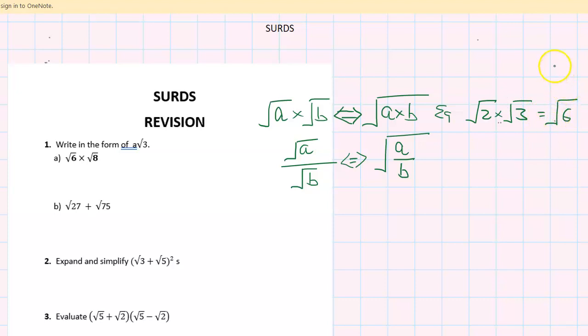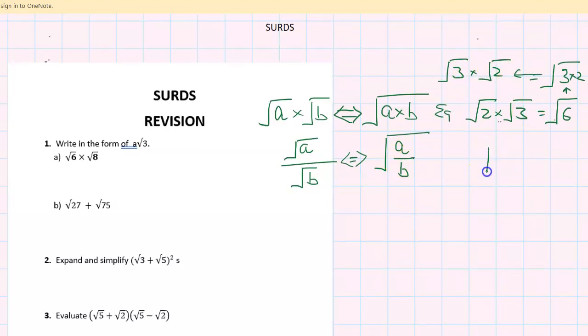And if root 6 is given, you know the factors of 6 are 3 multiply 2, so root 6 can be written as root 3 multiply root 2 or root 2 multiply root 3, the way you want. In the same way, if we have root 5 over 2, this can be written as root 5 over root 2. So that is the rule for multiplication and division of surds.